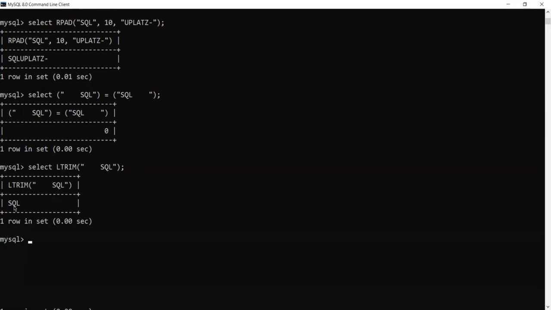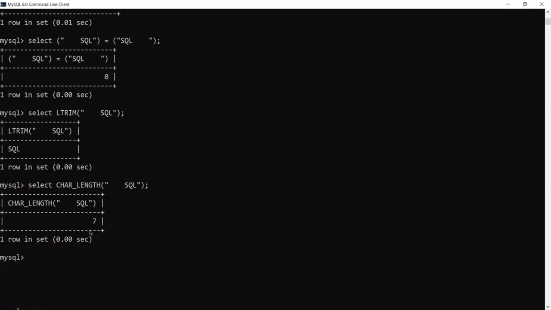So if I do this, you can see that the spaces are now reduced. How do you come to know that the spaces are reduced? First we will take the char length of the existing string. It says 7. That means we have 4 spaces before SQL. Now we are going to trim this string, so we are going to do LTrim here.